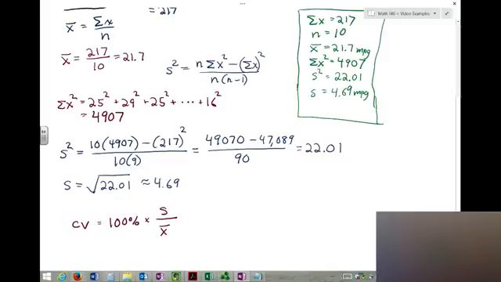So we're taking the standard deviation relative to the mean, and so we have 100% times 4.69 out of 21.7. Multiply that by 100%, and we get 21.6%.